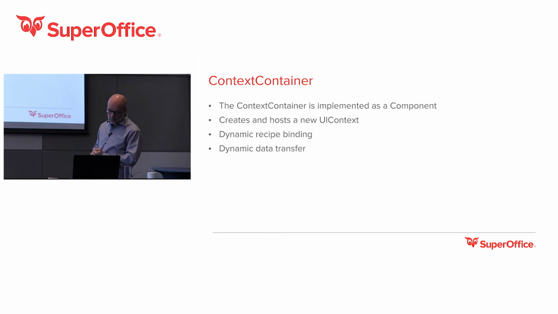But sometimes you need parts in your UI that should be very dynamic, but are also fairly complex. So we have made something called ContextContainer, which is just a UI component, but instead of rendering itself, it just creates a placeholder basically, and it creates and hosts a new context inside.